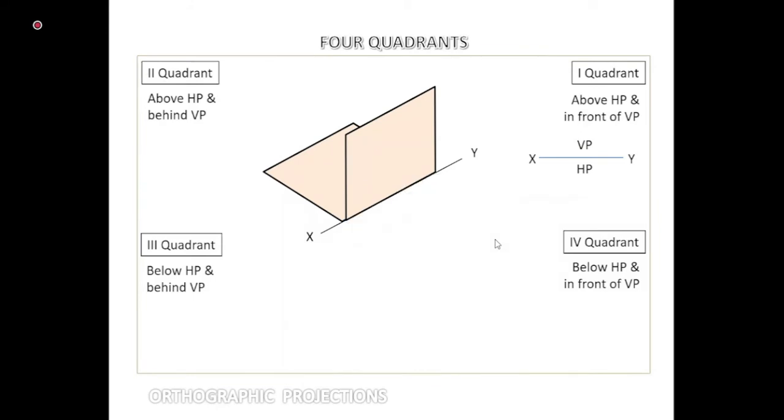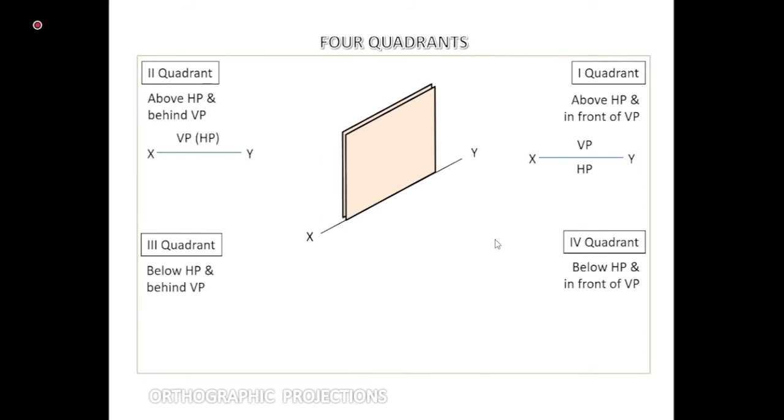Now let's say something is in the second quadrant. Now what are we going to do? If we want to convert this into a two-dimensional drawing, same principle: fix the vertical plane, move the horizontal plane in the clockwise direction. If you do that, see here what is going to happen.